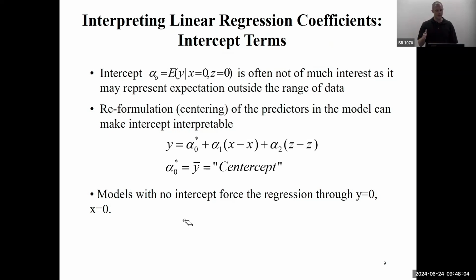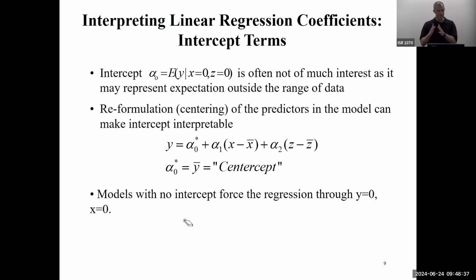And one very common technique is called centering. We're centering the values on the continuous predictors. So suppose that X and Z in the model that we were just talking about are both continuous in nature. We could center those variables by subtracting the mean of each of those variables from the variable itself and creating a new variable in the data set that represents that centered value on the predictor.